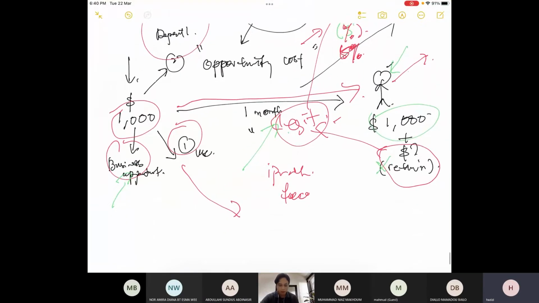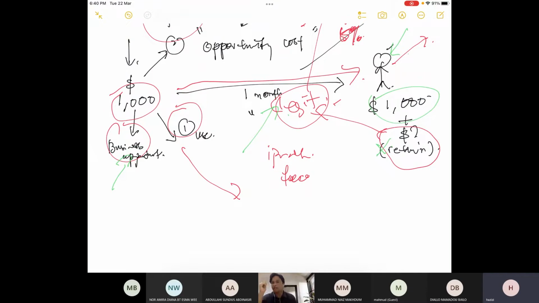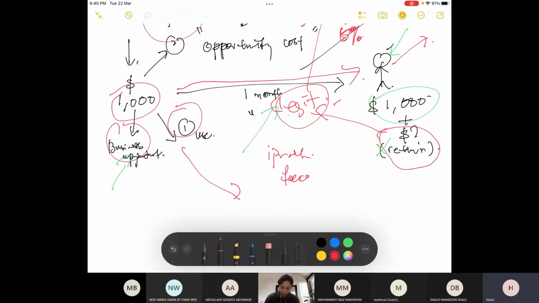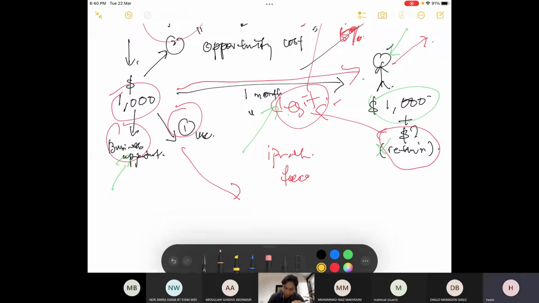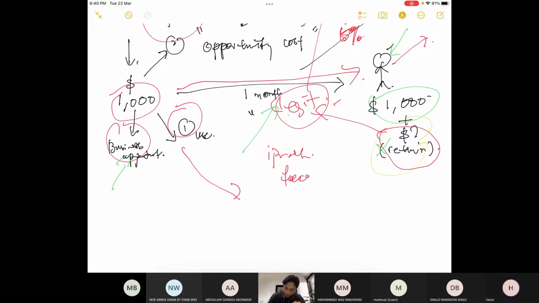Okay, now we ask the next question. So now we agree that we need to accept this concept of time value of money. The next question is: how much?